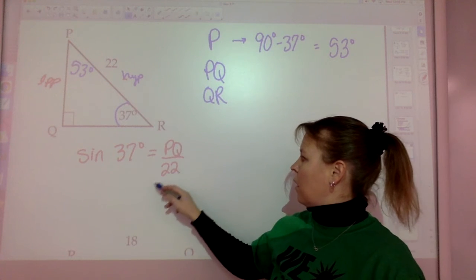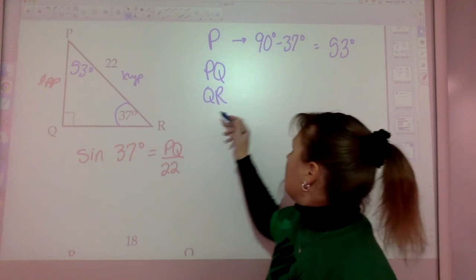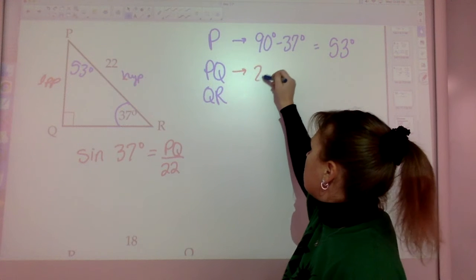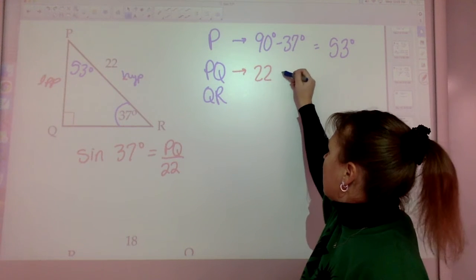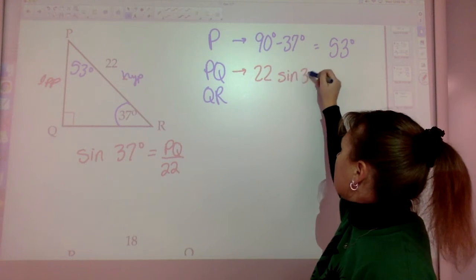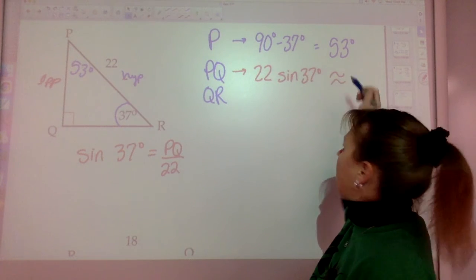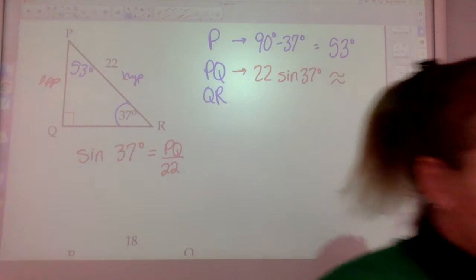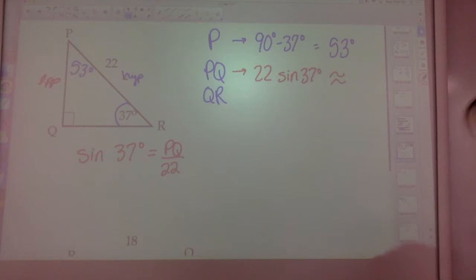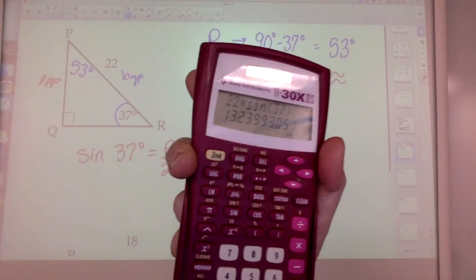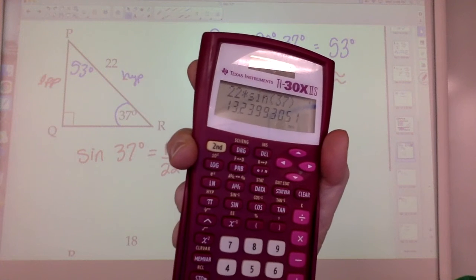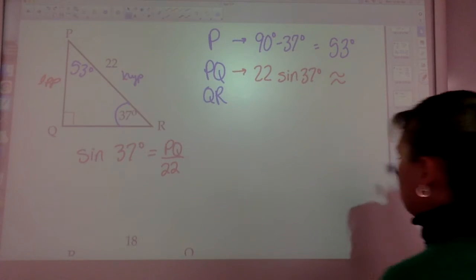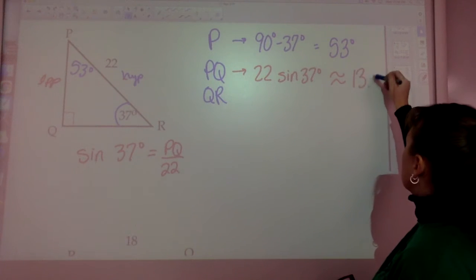Variable in the numerator, all we have to do is cross multiply. PQ is 22 times the sine of 37 degrees, and we'll go to the nearest tenths. So if we take 22 times the sine of 37 degrees, we'll get 13.2.